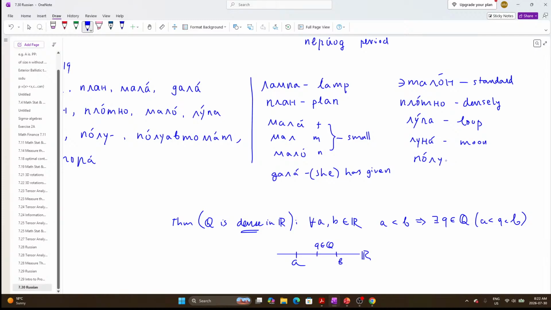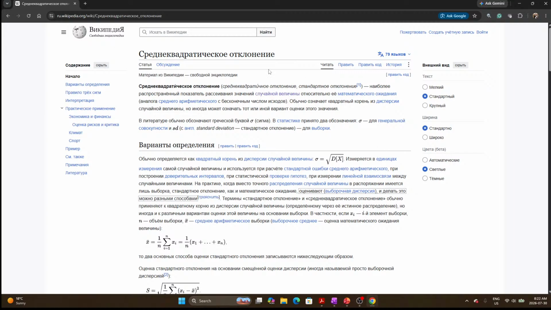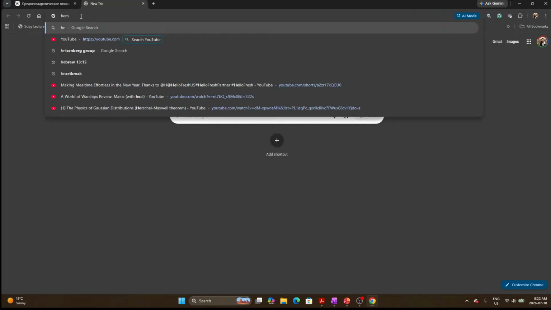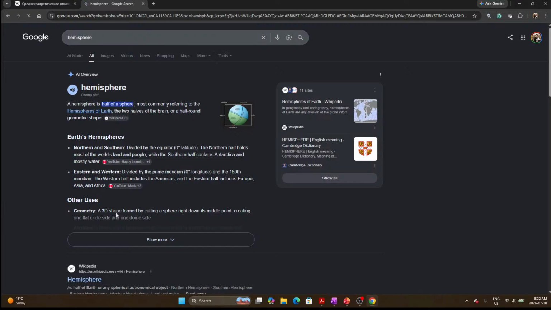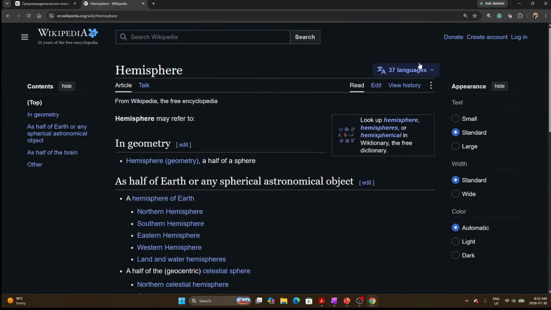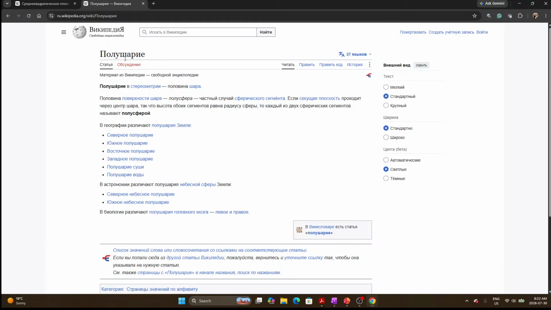Semi is a prefix. So how do you say semisphere or hemisphere in Russian? Let me just find an example for that. Hemisphere, say, по-русски: полушарие. Do you see? The prefix shows up. Полушарие.